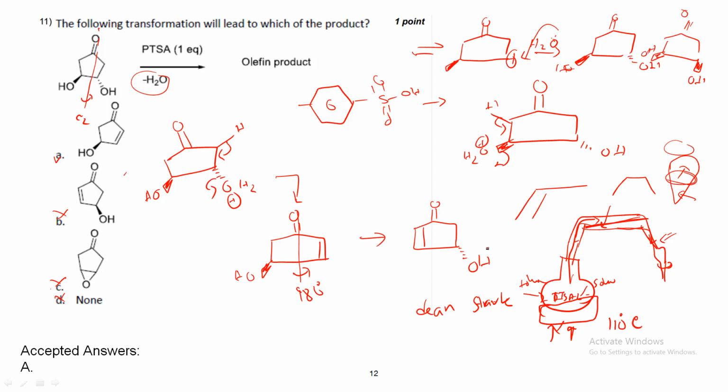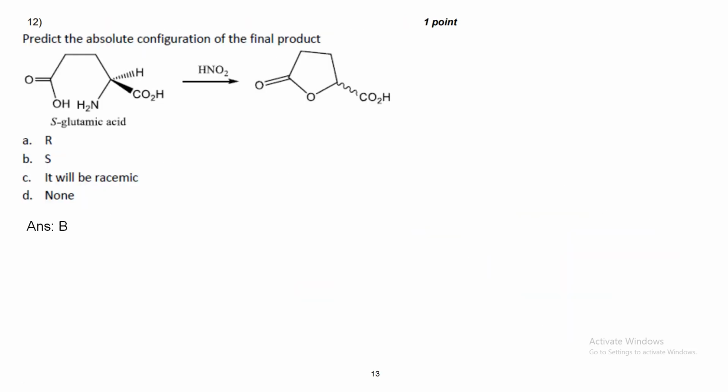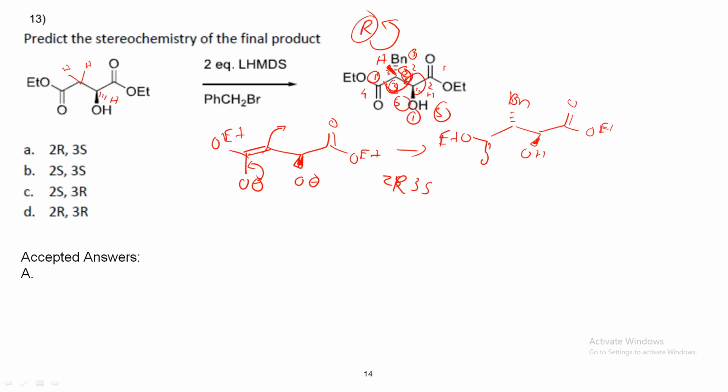So that's how you can make this particular arrow irreversible by this Dean Stark setup. That's the thing we need to maintain for this kind of reaction. So it's just a practical view of this, and now I think there are no more questions.